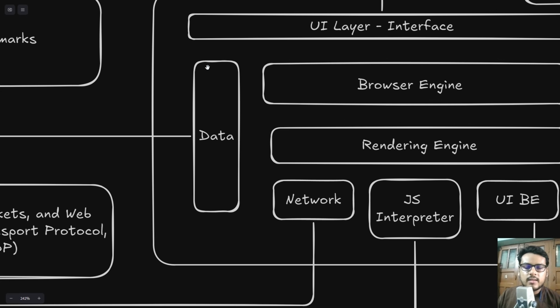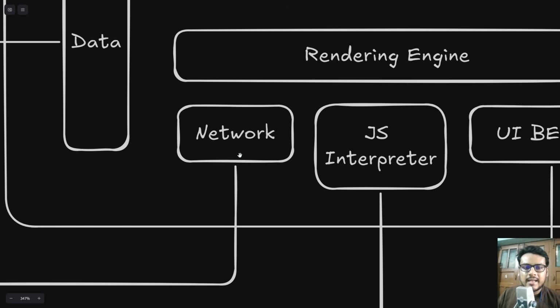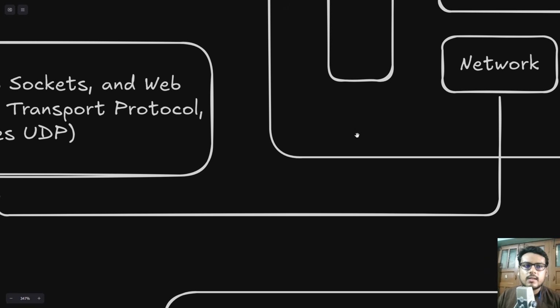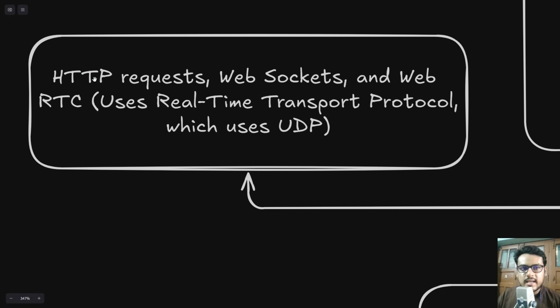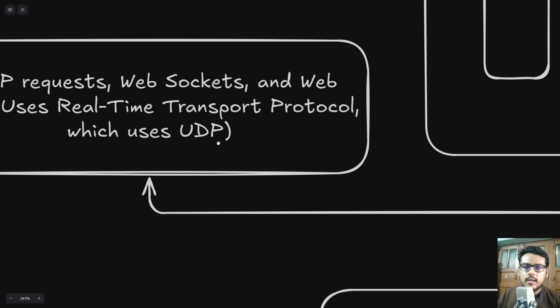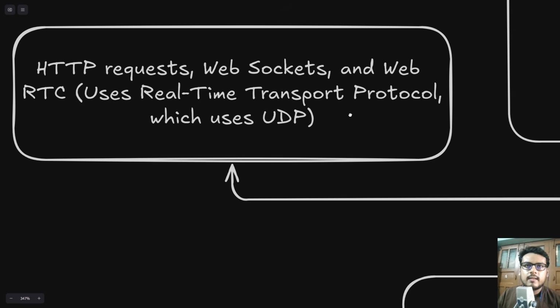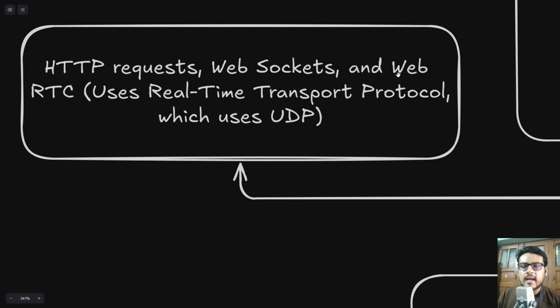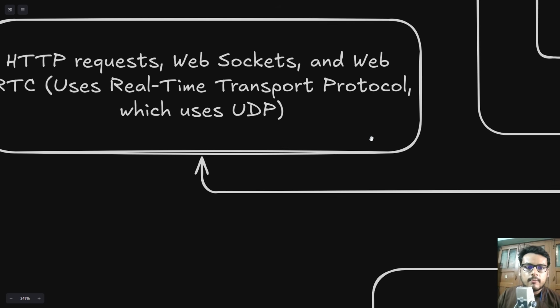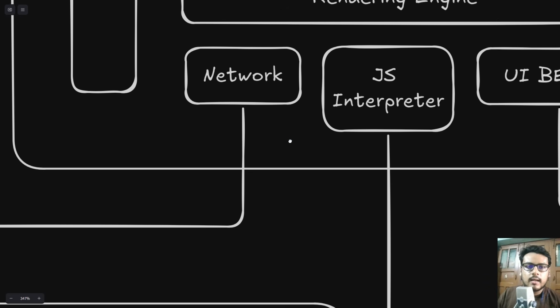Then the network layer, as the name speaks for itself, is a component which makes HTTP requests, WebSockets, and WebRTC connections, using a real-time transport protocol which uses UDP. If you have seen the Google Meet clone video, we leveraged WebRTC connections, where we send streams of video data between the users when they turn on their webcam. So this was the network layer.